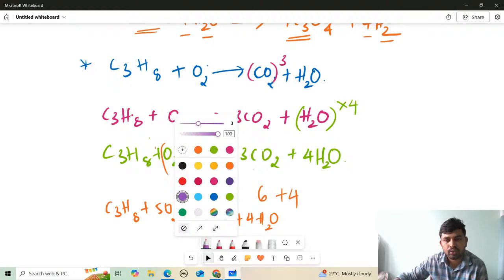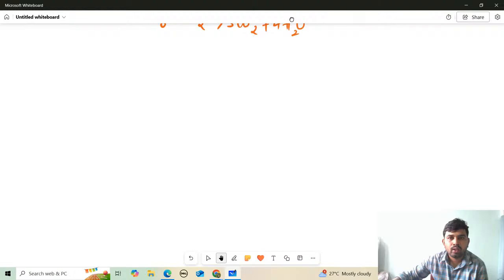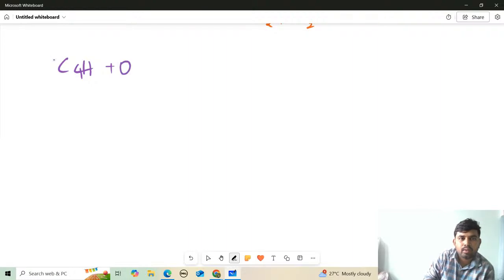This is enough, I think. Now one more example we'll discuss. Now we'll take the example of C4H10 plus O2 gives rise to CO2 plus H2O.